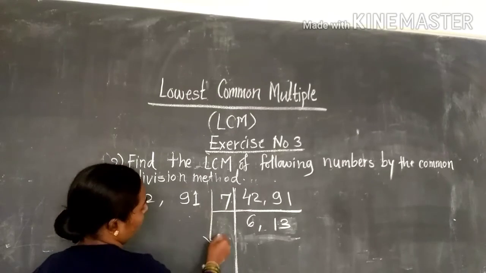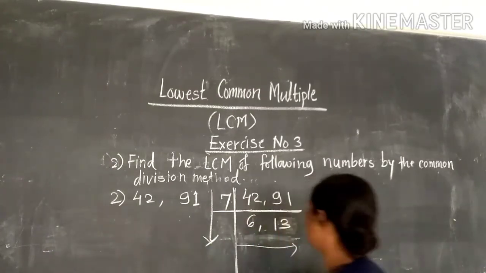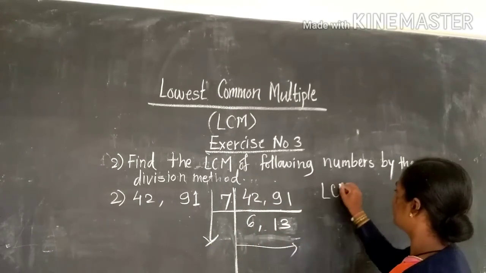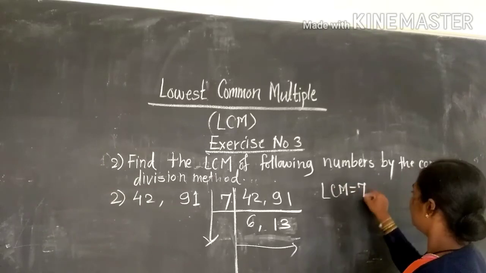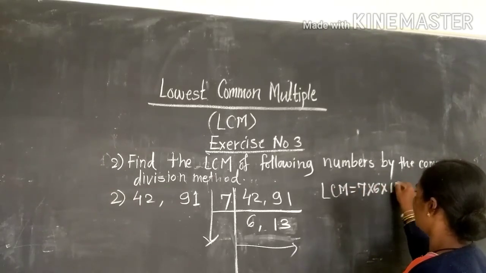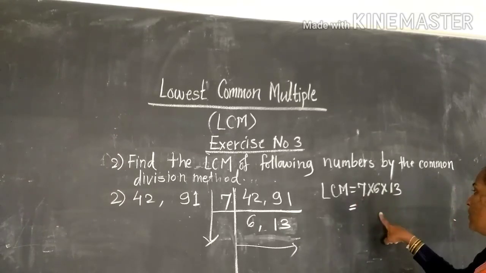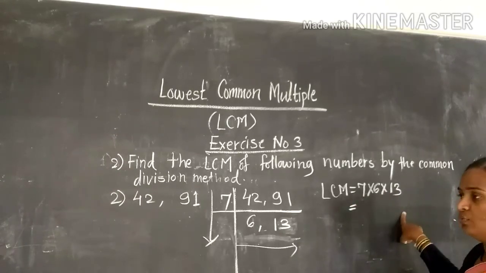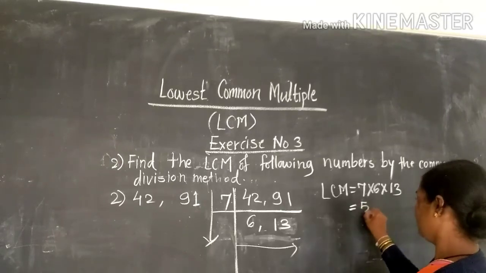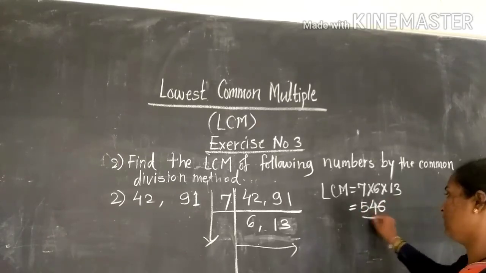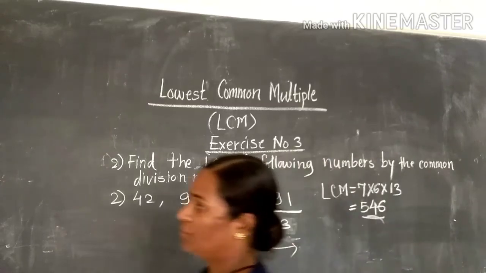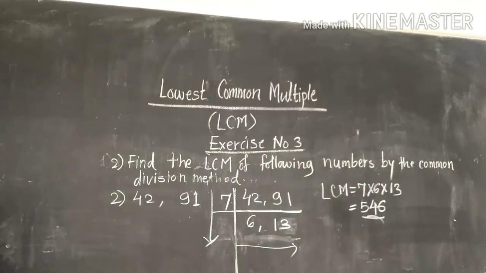We have to take the product of the divisor and the undivided numbers for the LCM. We got 7 into 6 into 13. 7 6s are 42. 42 into 13, what do we get? 546. You will get the answer.